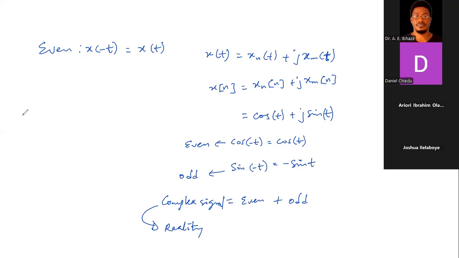So the idea is this. Let us try one signal right now. Let us perform time reversal. So let's assume I have this signal. This is S of t. This is time t. This is +1. So this is 0. Now, if I perform time reversal, so now I want to get S of minus t.